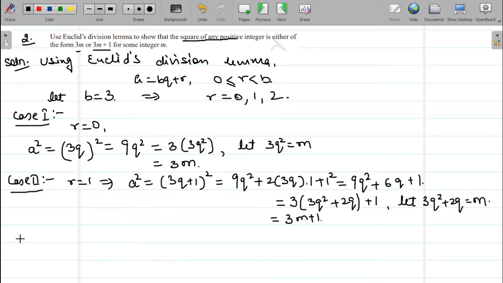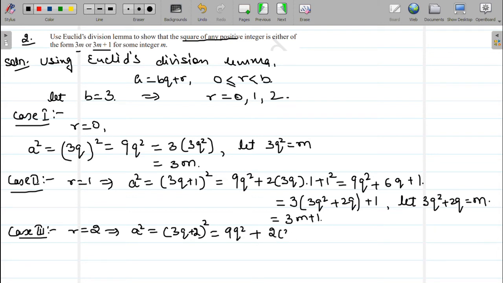Then the third case, case 3, can be r equal to 2. So this implies a square will come out to be (3q plus 2) whole square. So we will have 9q square plus 2 multiplied by 3q multiplied by 2 plus 2 square, 4.